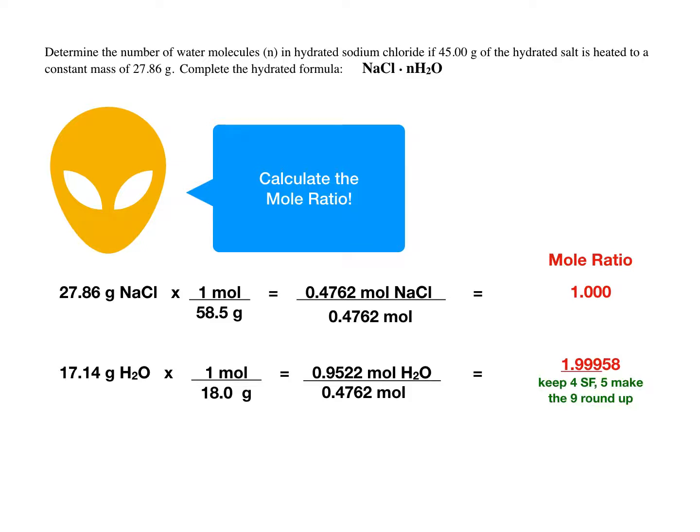Since the number of moles of water has 4 sig figs, I think about keeping 1.999, but then the next digit to the right of the 9 is a 5, and it makes the 9 round up, and it's a continuous rounding, so my mole ratio ends up being a 1:2 ratio. So that means that in this hydrate, the salt to water ratio is 1:2.